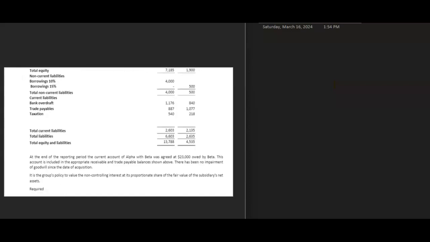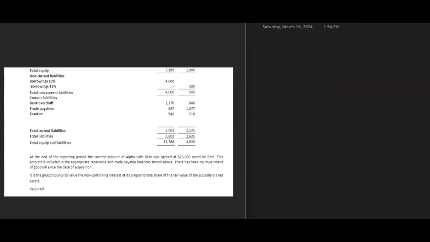This is our financial position, and it goes down to total equity and all that. We have our long-term liabilities, total non-current liabilities. Okay, let's look at the notes. The first note says that at the end of the reporting period, the current account of Alpha with Beta was agreed at 23,000 owed by Beta.